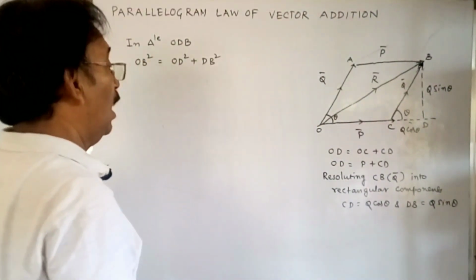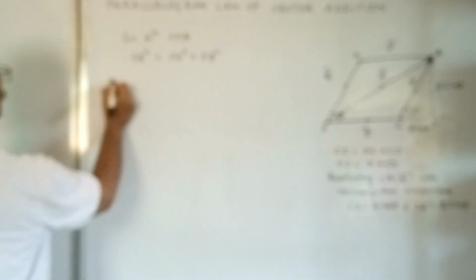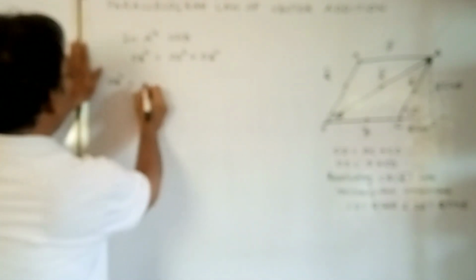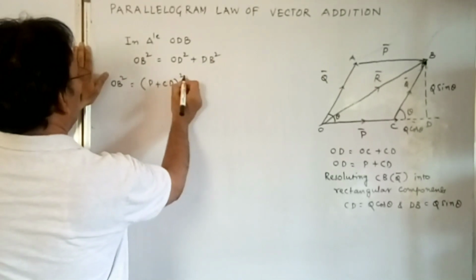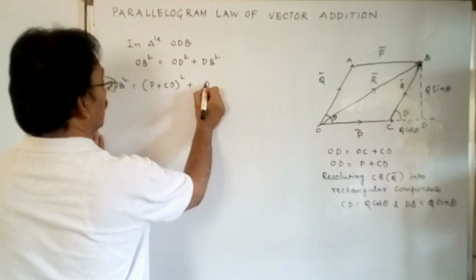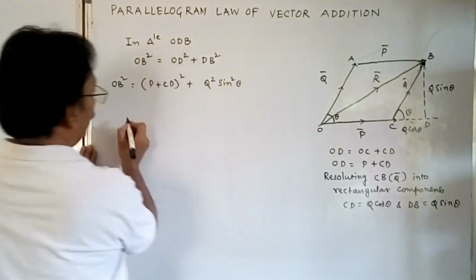I'm putting these values in this equation. OB squared is equal to OD squared, means P plus CD whole square plus DB squared. Obviously it is Q square sin square theta.